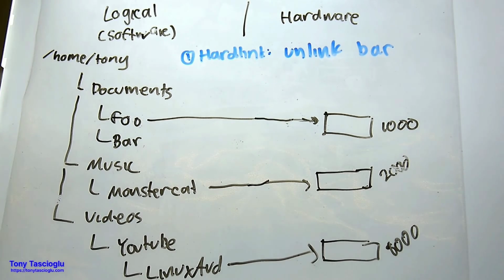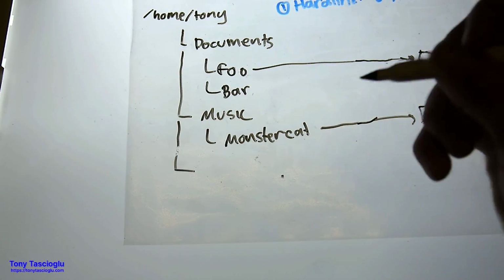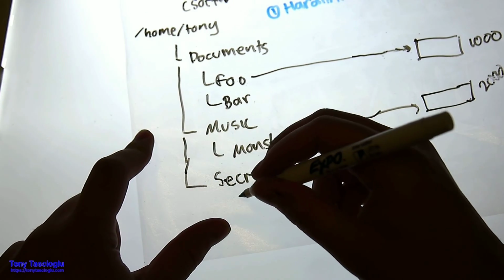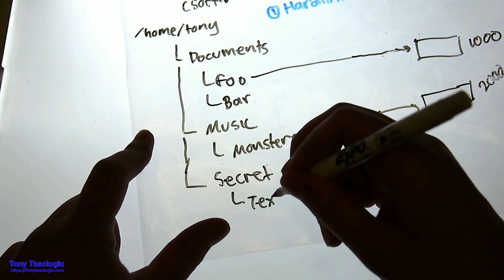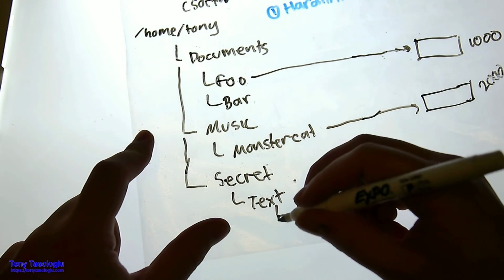Now let's say I wanted to make a new folder here called secret. And in it, I wanted to put a folder called text, and in here, I wanted my foo and my bar.